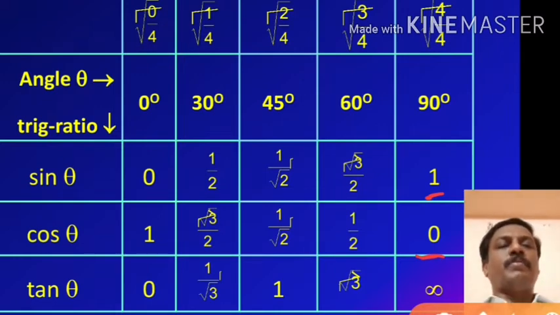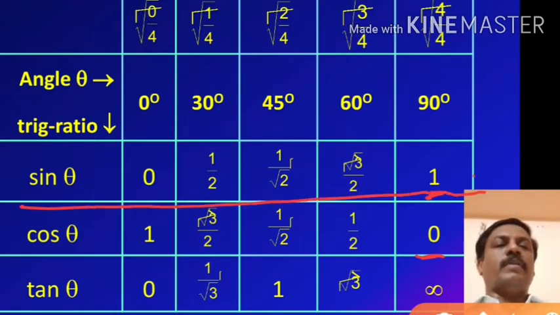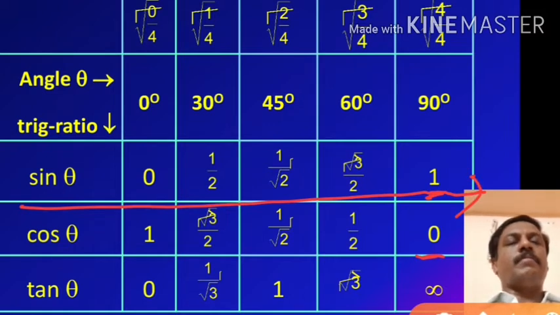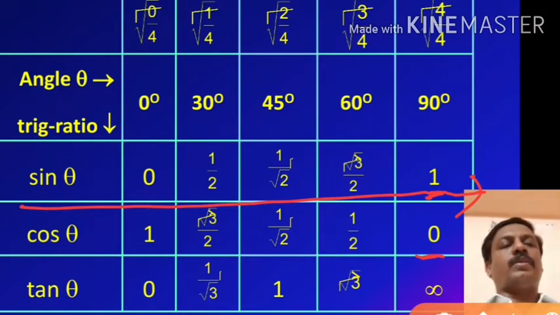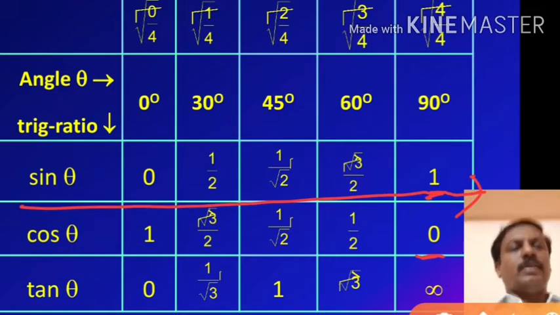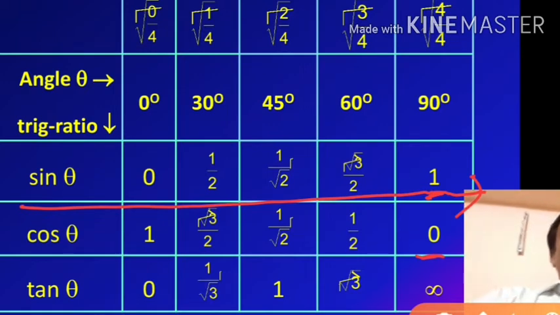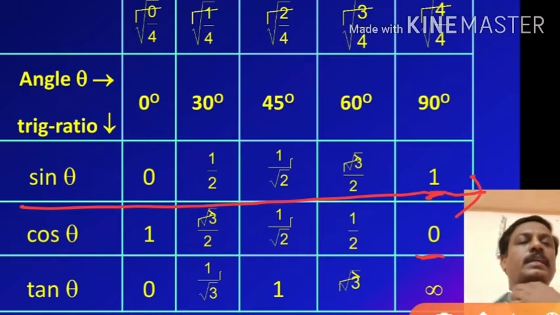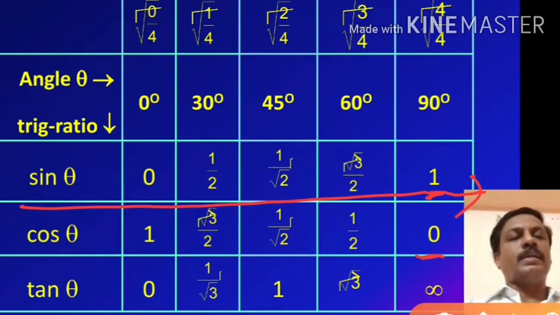As I told you before, you just remember these sine values, then easily you can remember values of other trigonometric functions. Here you can write values of other three trigonometric functions also: cosec theta, sec theta and cot theta. Cosec theta is reciprocal of sine theta.